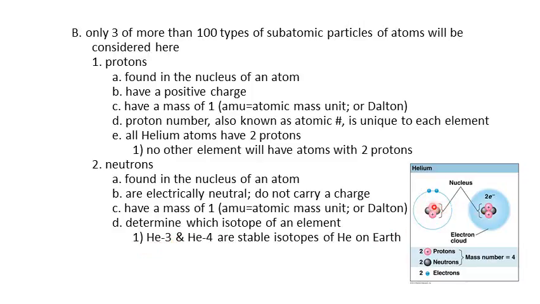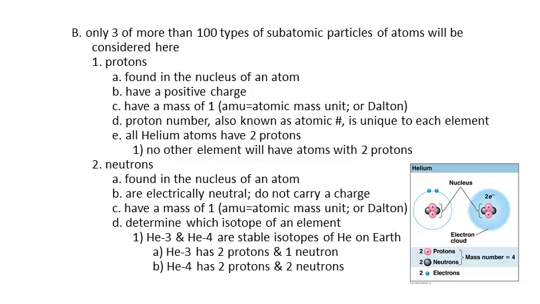Well, all helium have 2 protons, so helium-3 would have only 1 neutron. 2 protons, 1 neutron. That makes up helium-3. Helium-4 is what's drawn in here for you: 2 protons and 2 neutrons. Helium-4. Okay? So, helium-3 has 2 protons, 1 neutron. Helium-4, 2 protons, 2 neutrons.